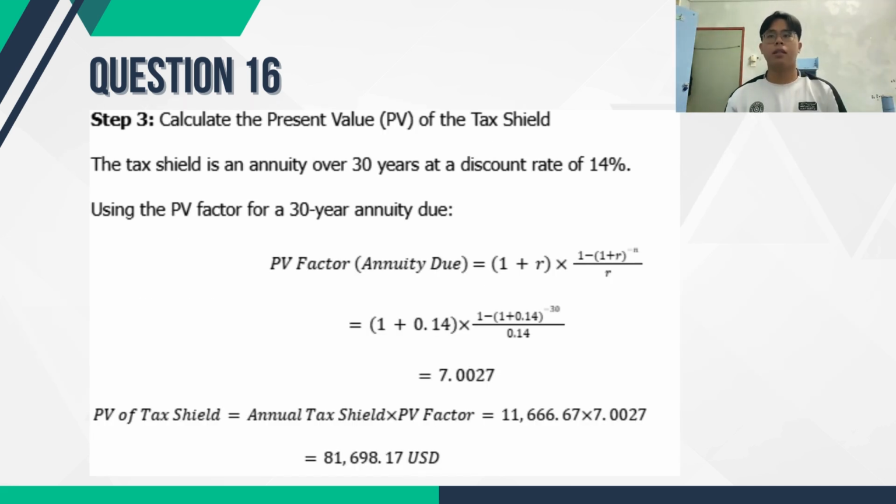Then for the third step, we calculate the present value of the tax shield. The tax shield is an annuity over 30 years at a discount rate of 14%.